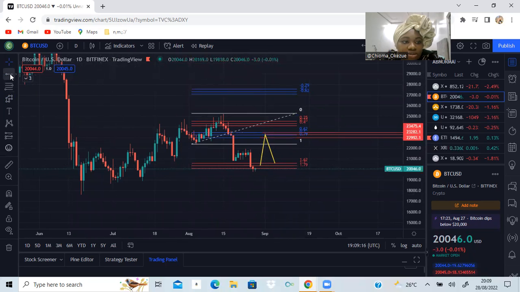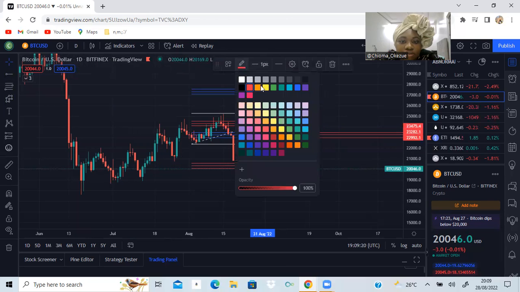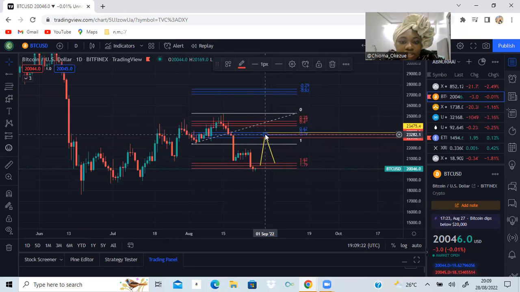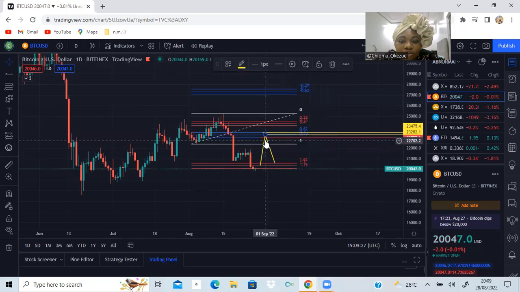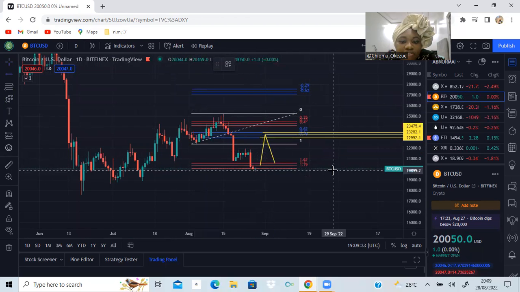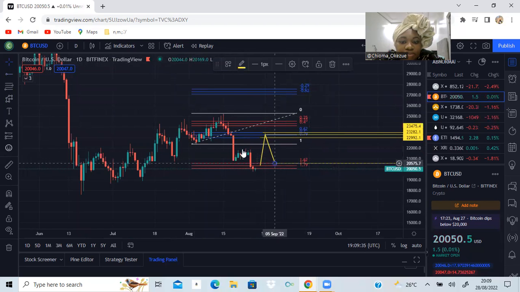All right, let me change them to golden for entries. Then we have green for take profit, and we have red for stop loss.